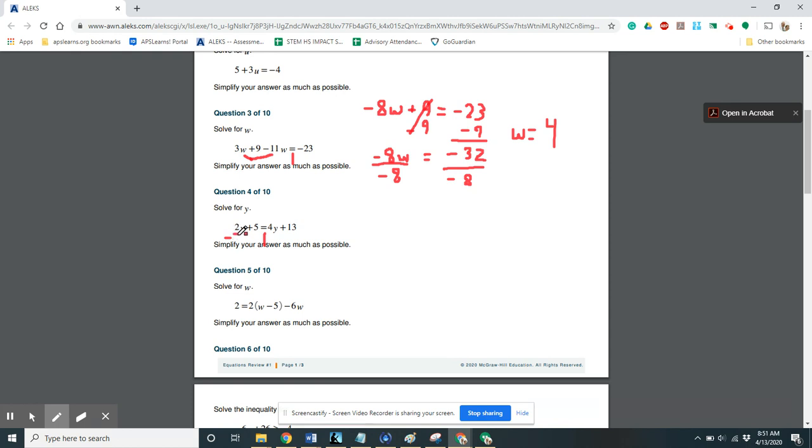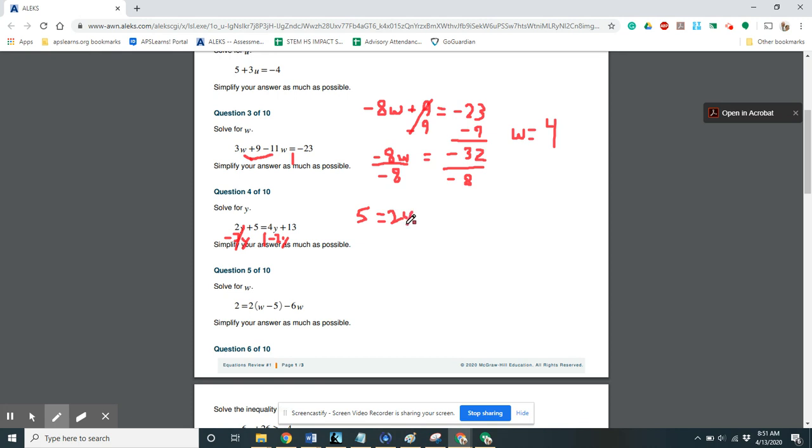So we could get rid of either one, but I usually do the smaller one. Keep my numbers positive. Subtract 2y from both sides. These will cancel. That'll give us 5 is equal to 4y minus the 2y is 2y.